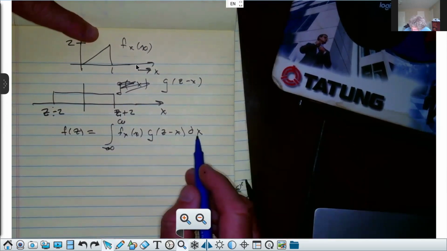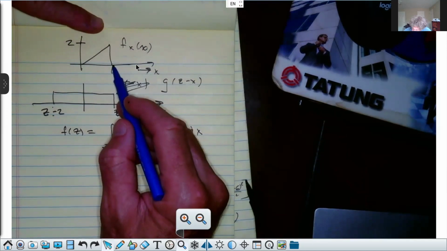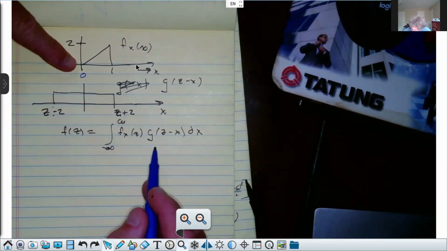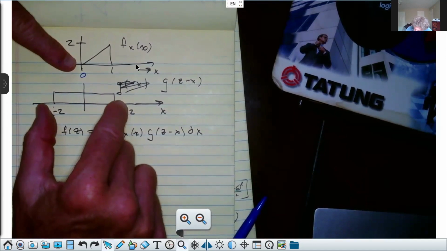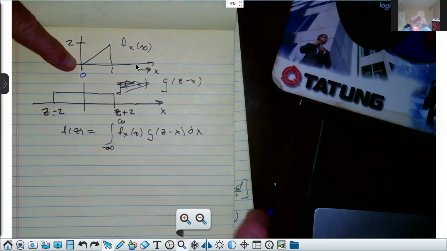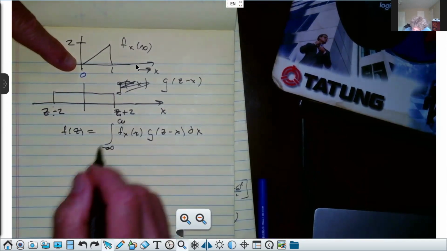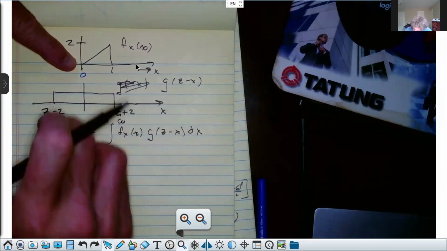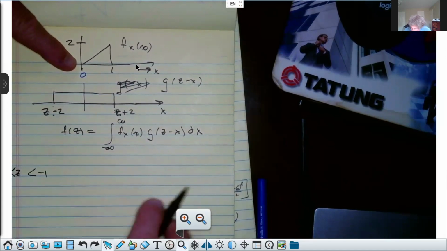remember, we want this integration. Here's f of x. F of x exists from x equals 0 to 1. We want to take this thing and move it all the way down till it's just coming across the 0 point. So we can say z greater than -2, but less than -1.